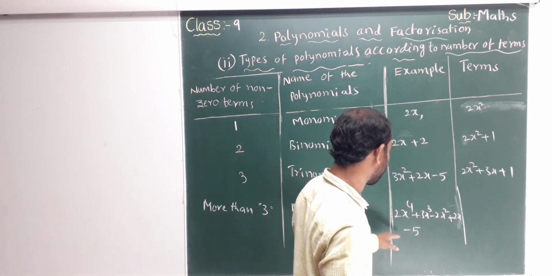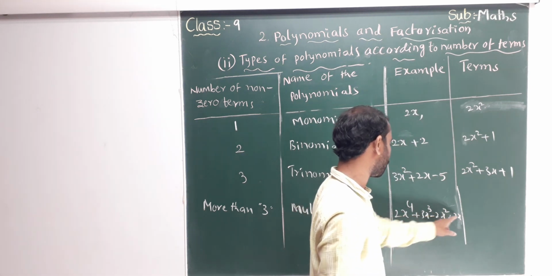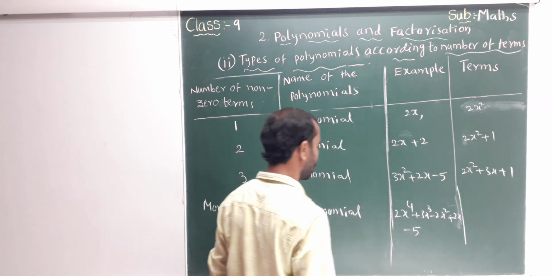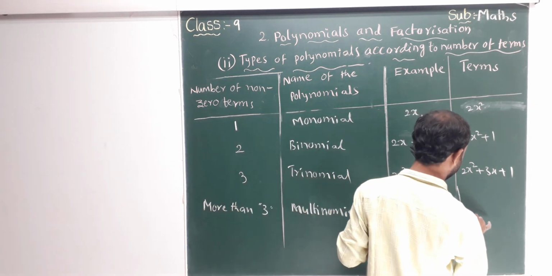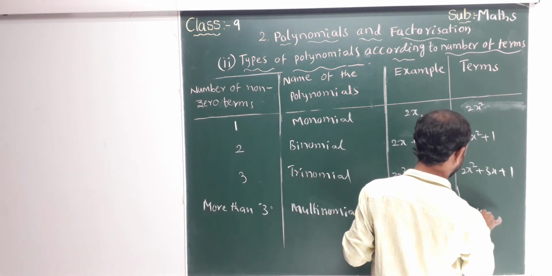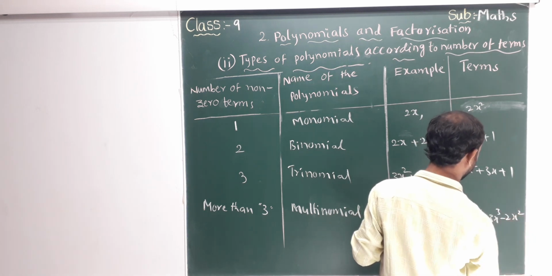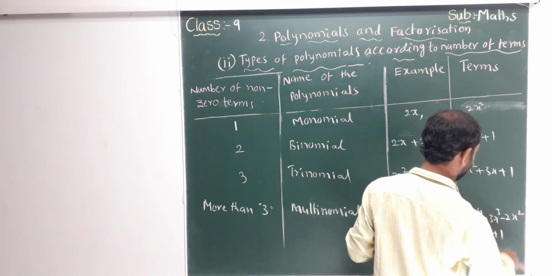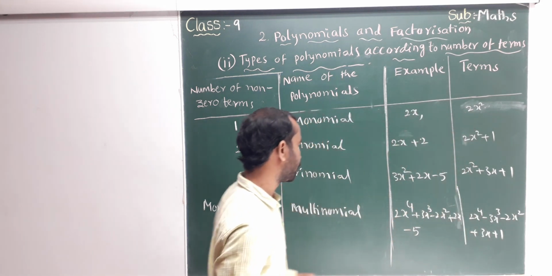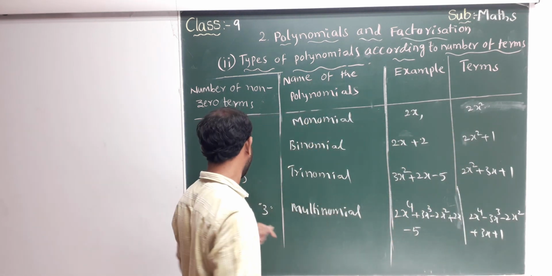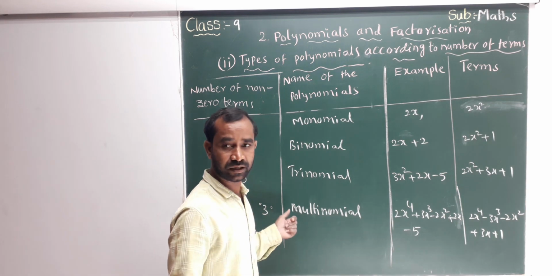Here more than 3 terms are there: 1, 2, 3, 4, 5. Then that is called a multinomial. Here also the same process: 2x to the power of 4 minus 3x cube minus 2x square plus 3x plus 1. So more than 4 terms are there, then it is called a multinomial.